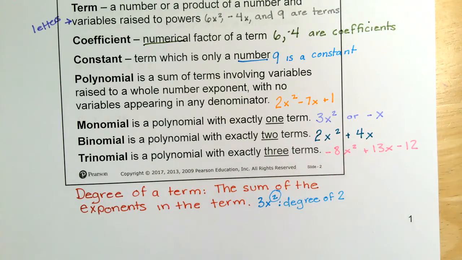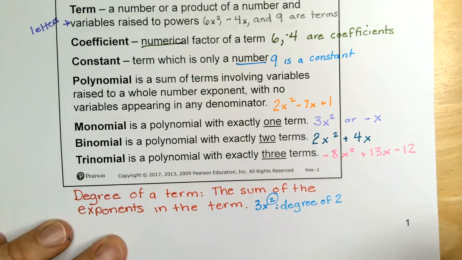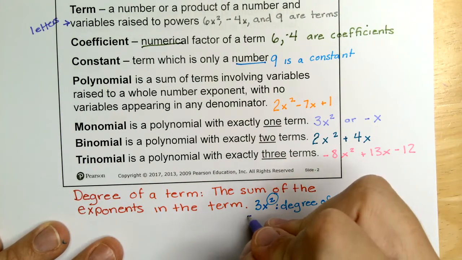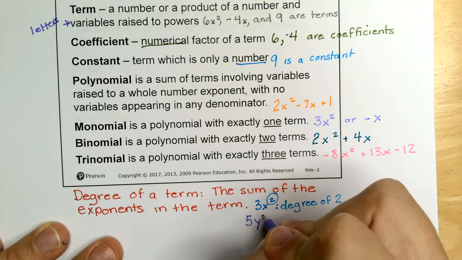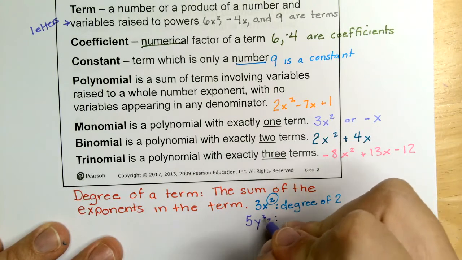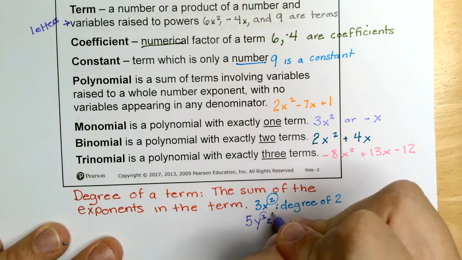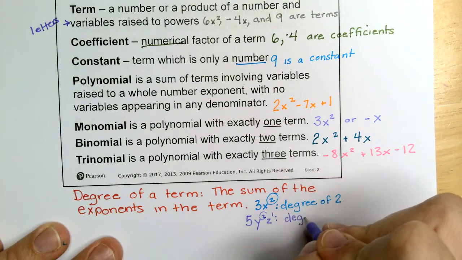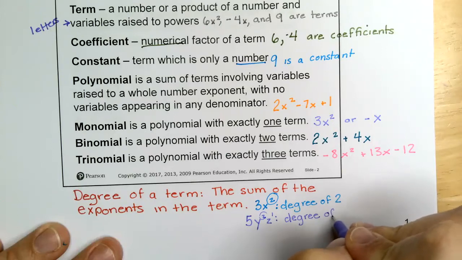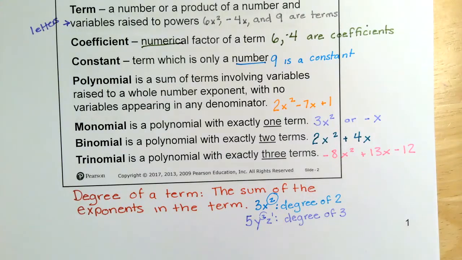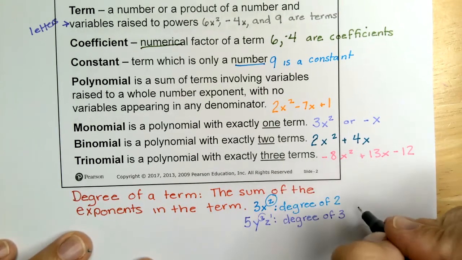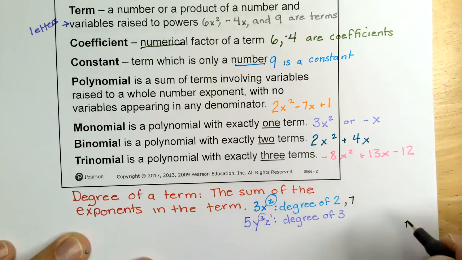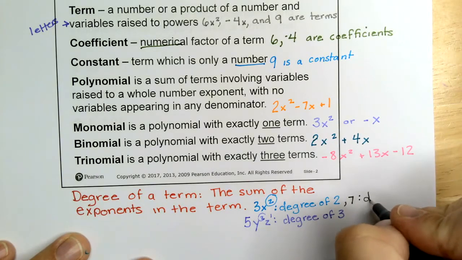For 5y squared z, this is a 2 and this is an understood 1, so this would be a degree of 3. The number 7 has a degree of 0.